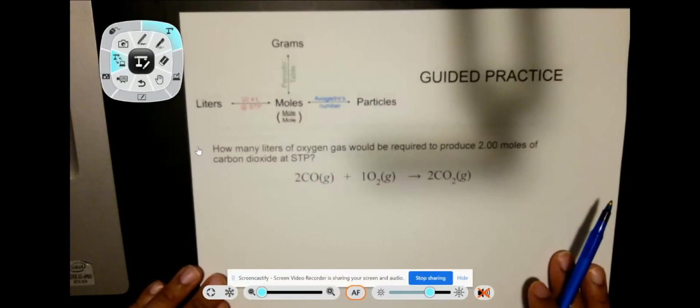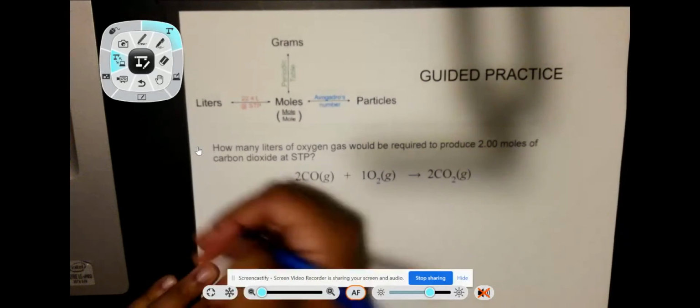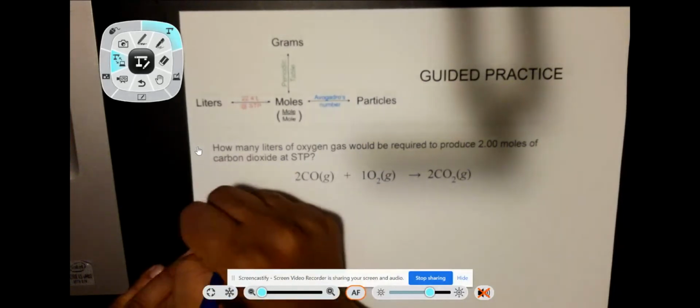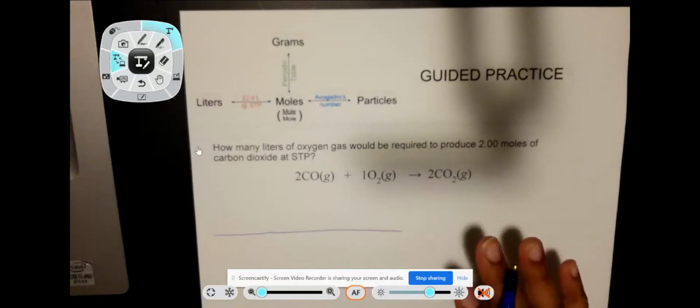How many liters of oxygen gas would be required to produce 2 moles of carbon dioxide at STP? So the first thing that we're going to do is draw our T-chart. I just draw my line, and this is going to be more than one step, so I'm going to make my line pretty long.